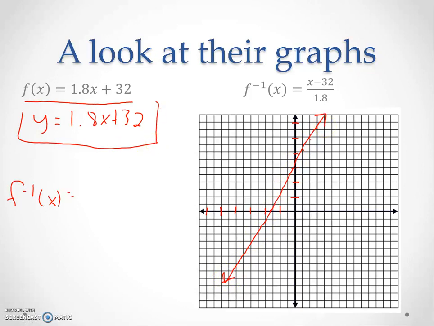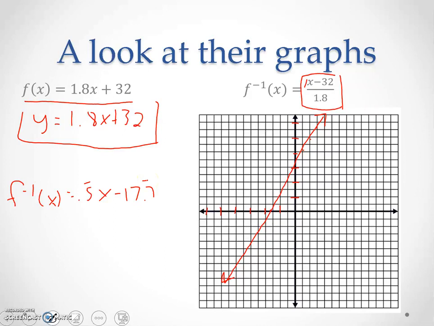And then if I wanted to graph the inverse, I'm going to rewrite this here as 1x divided by 1.8, which is 0.5 repeating x, and then minus 32 divided by 1.8 is about 17.7 repeating.